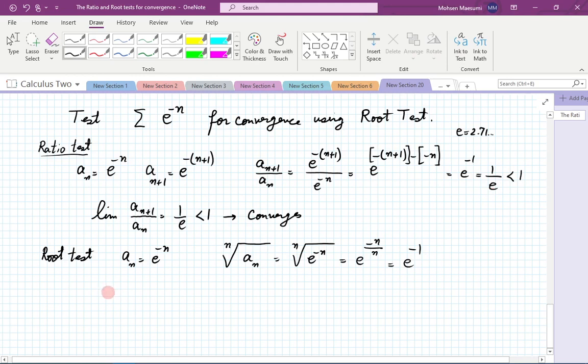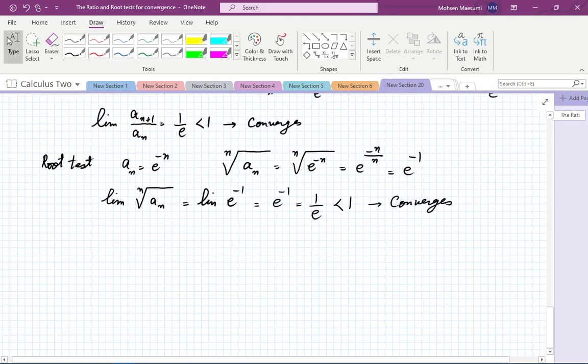So the limit of the nth root of a_n as n goes to infinity turns out to be a constant number, so that's just exponential of minus 1 or 1 over e, which is less than 1. So as a result, we can say that the series converges.